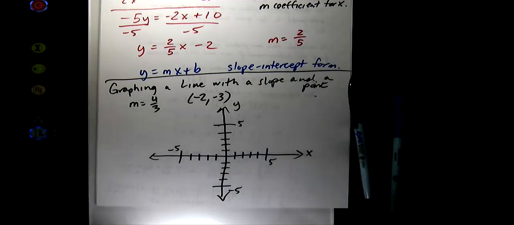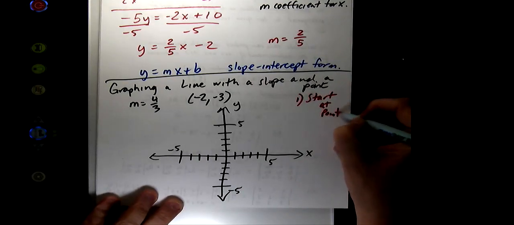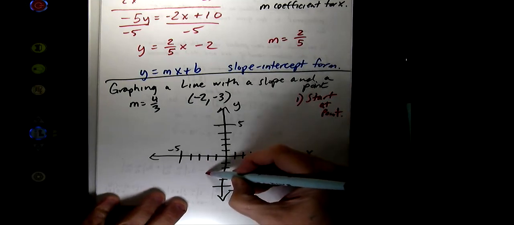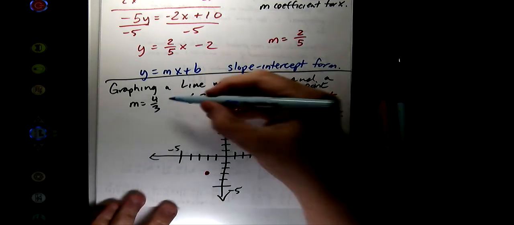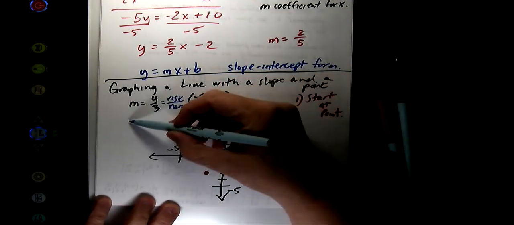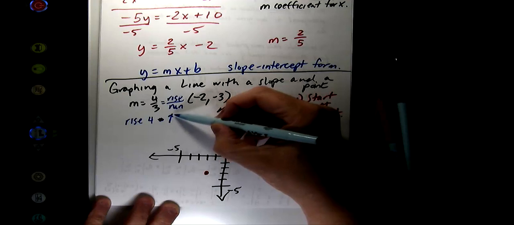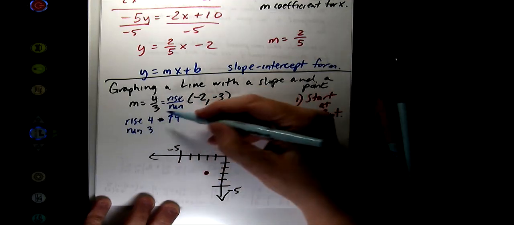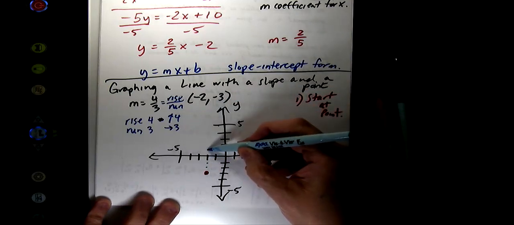So start at the point. -2, -3 is right there. And then do rise over run. This says rise 4, or go up 4. And run 3 means to go right 3. 1, 2, 3, 4, 1, 2, 3.